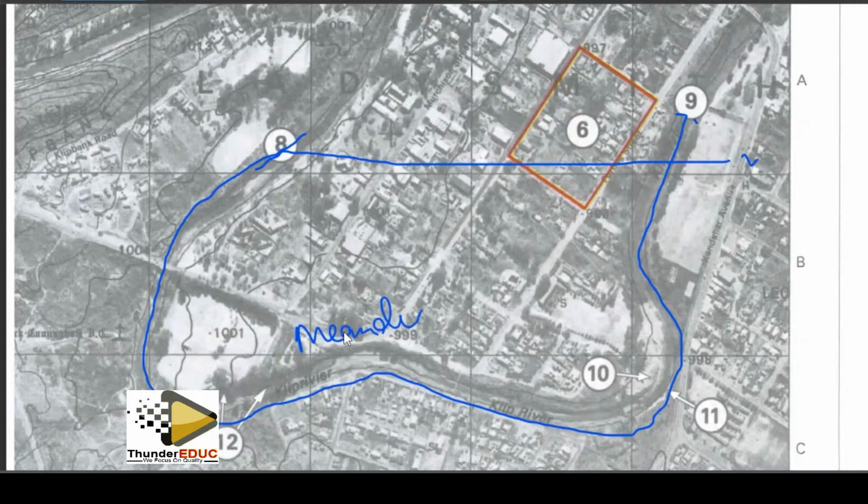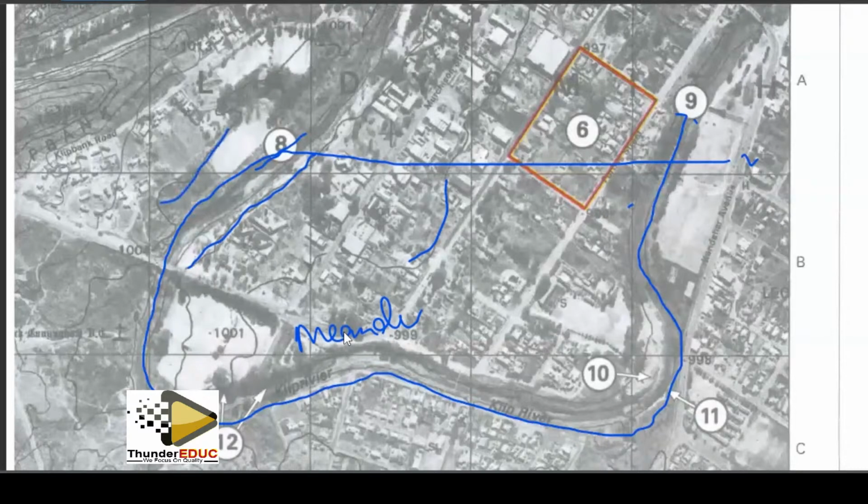And give evidence why this fluvial feature in your answer to the previous question developed in this area. Why do we have a meander in this area? Let's check the contour lines. We only have one contour line here. The next contour line is somewhere where there's not even a contour line, it's a river. And it's the same contour line which is again coming back here. And the next contour line is there.